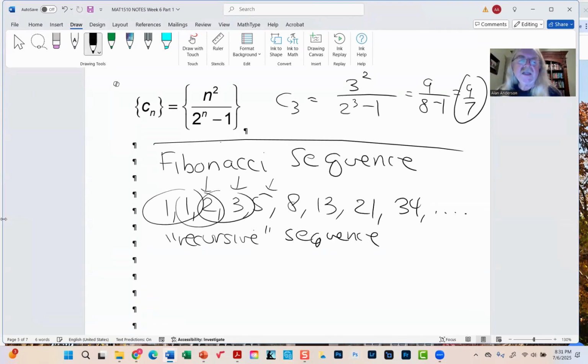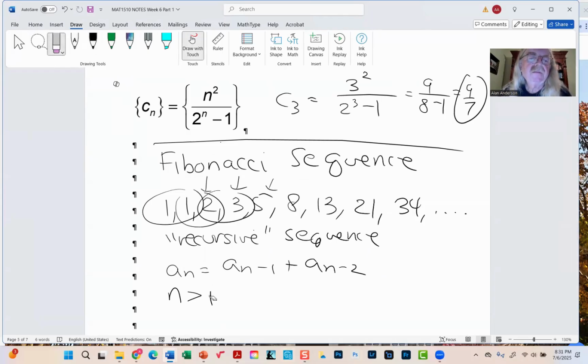And so you could define it as follows. Once you get to the third term, which is 2, it's the sum of the previous two.